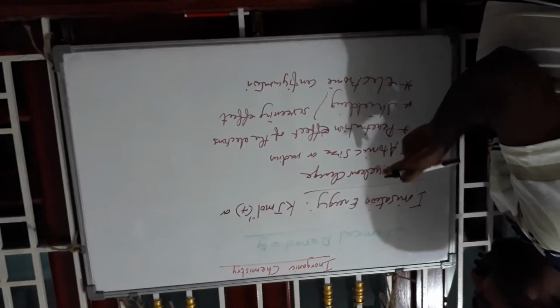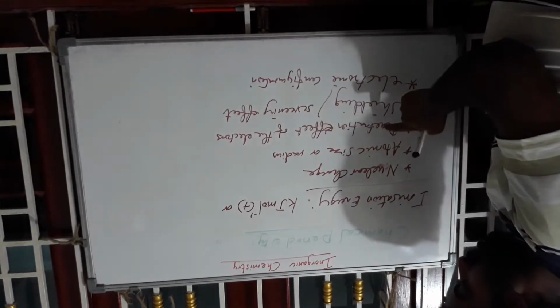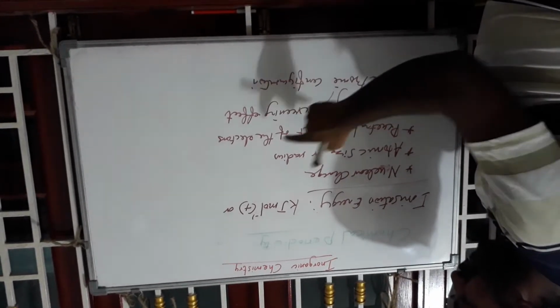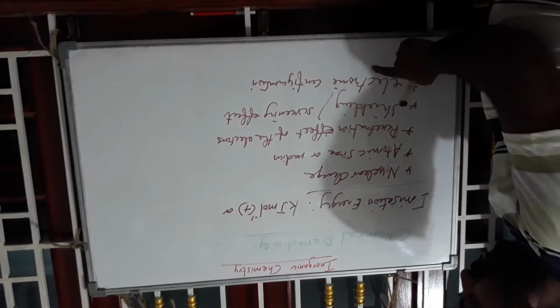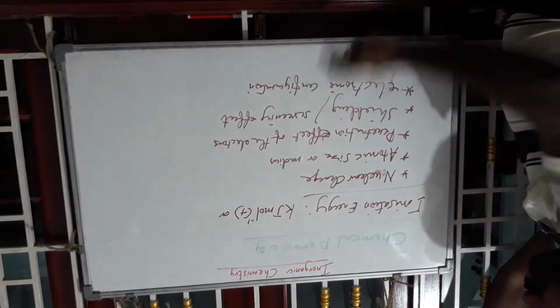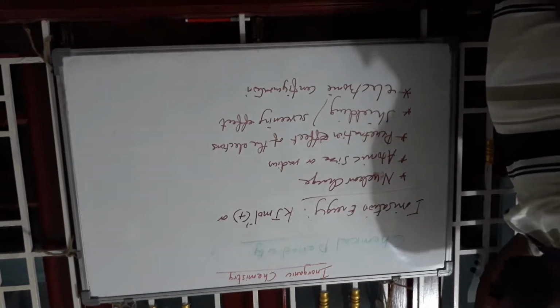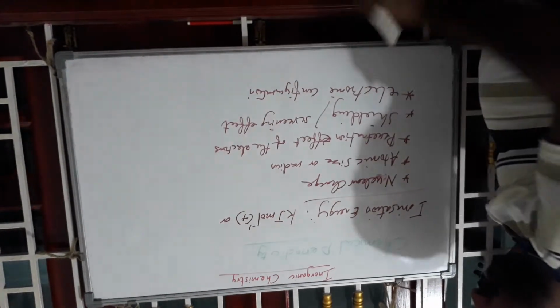What are the factors affecting ionization energy? The first is nuclear charge, then atomic size or radius, penetration effect of the electrons, shielding or screening effect, and finally electronic configuration. As nuclear charge increases, ionization energy increases.